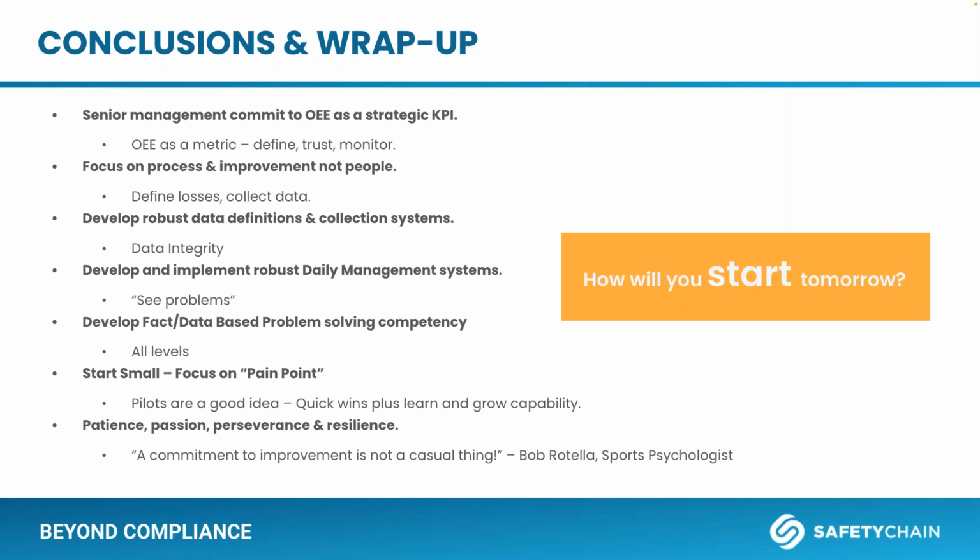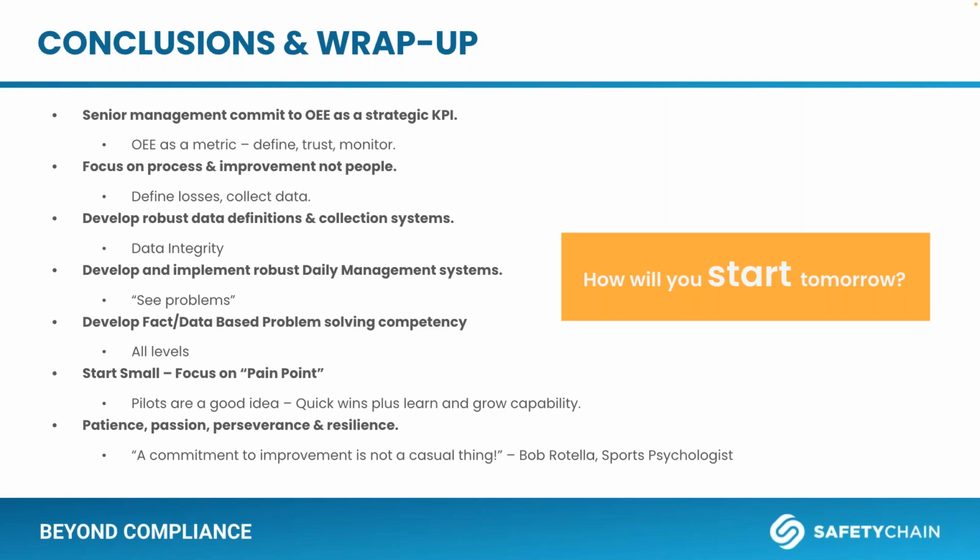So just a couple of concluding remarks and wrap up. Senior management commitment to OEE as a strategic key performance indicator. It's a metric. We need to define it, trust it, and monitor it. Focus on improvement and process, not on blaming people.